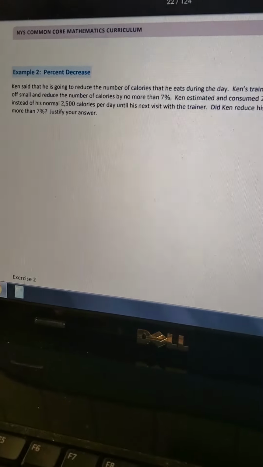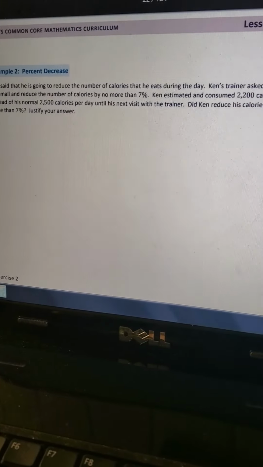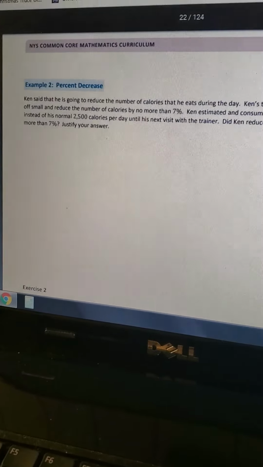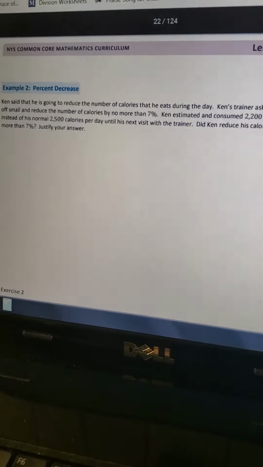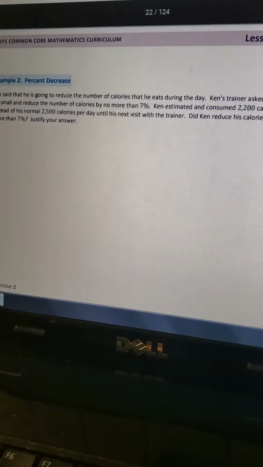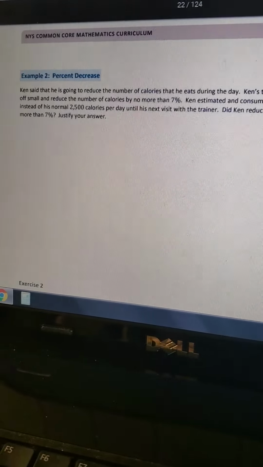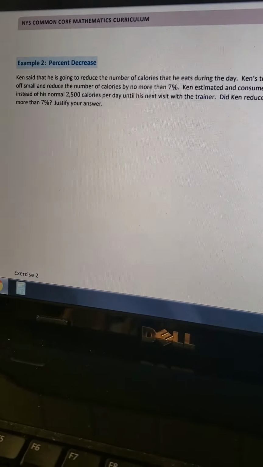For this problem, we basically want to figure out what percent of 2,500 is 2,200, and then from there, we can figure out if he did that.